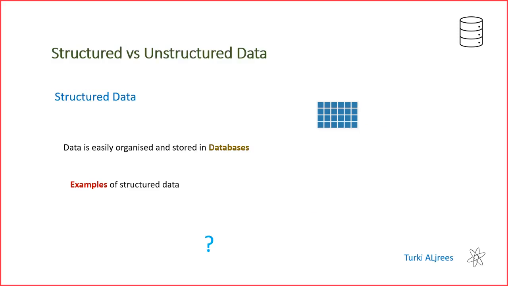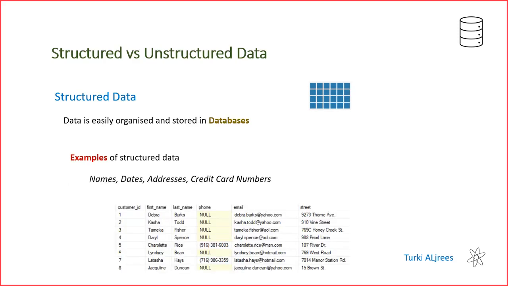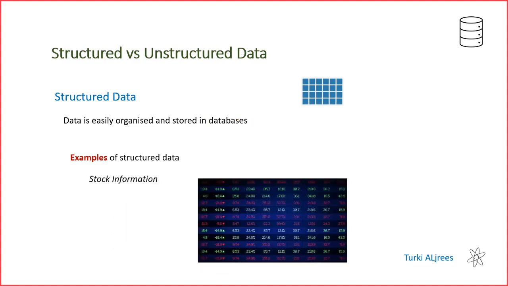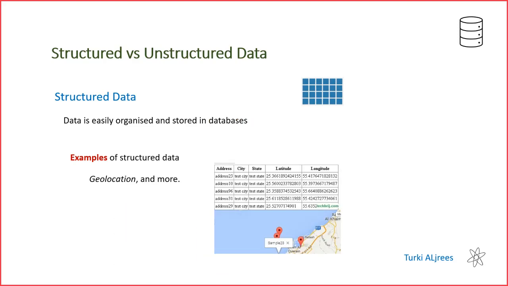And the structured data is data that can easily be organized in a database fashion, similar to this information available on a spreadsheet. It can also be found in stock information and in the geolocation table. So these are classified as structured data.